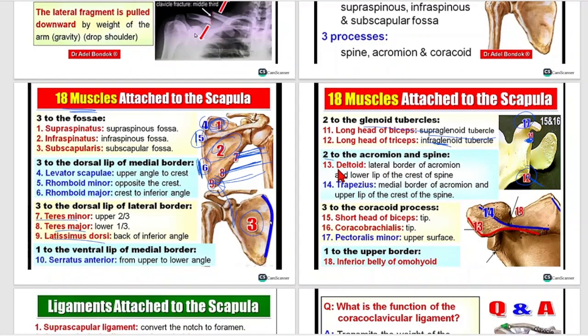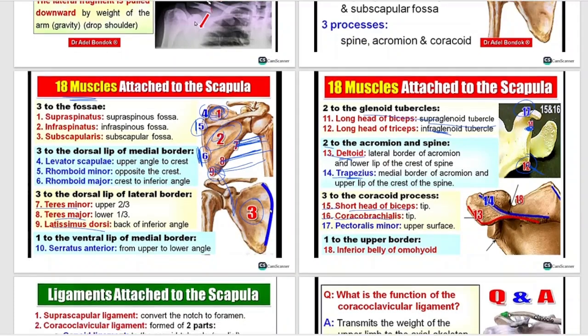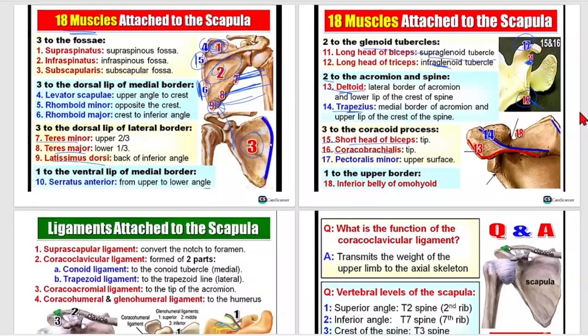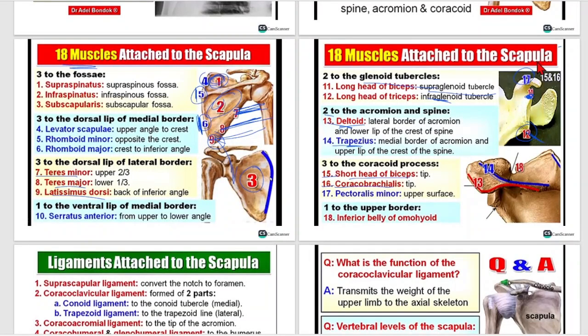At the acromion, at position 13, the deltoid muscle is attached. At 14 the trapezius muscle is attached. At 15 and 16, the short head of the biceps and coracobrachialis. Actually, coracobrachialis is attached to the coracoid process.